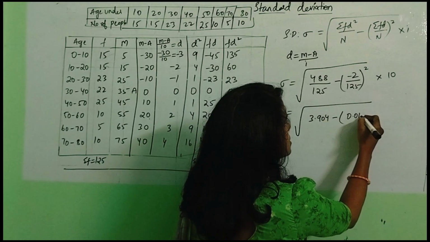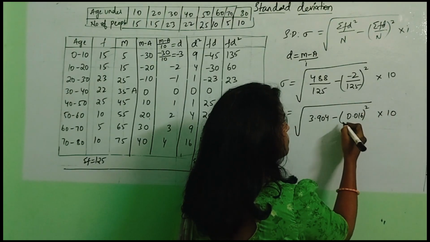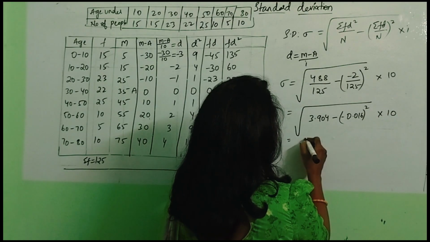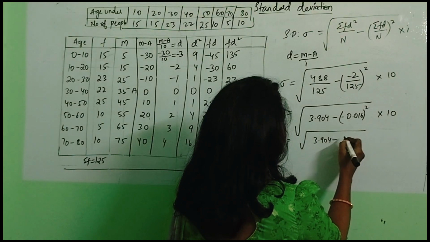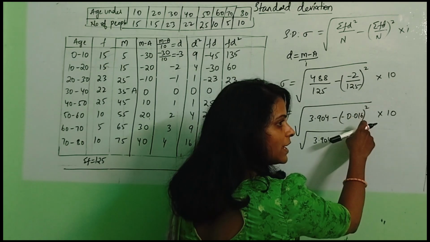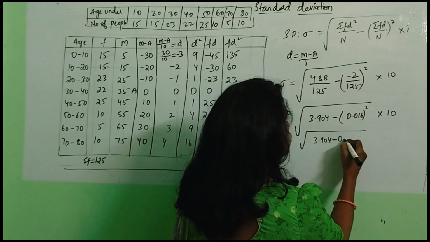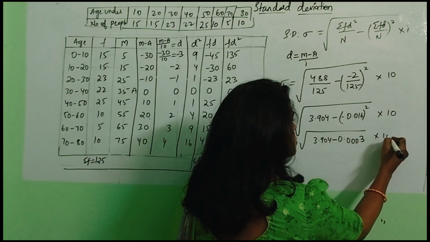So 0.016 whole square into 10. Okay, what is the value? Square root of 3.904 minus 0.016 whole square. What is the value of that? That is 0.0003, into 10.